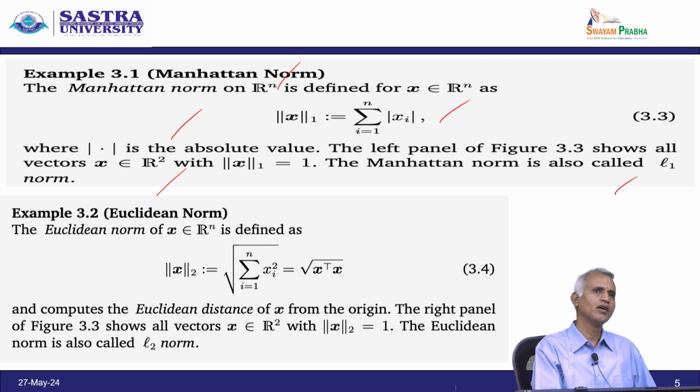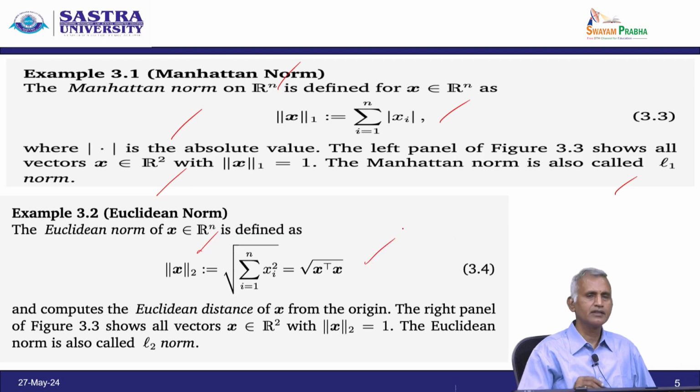Next, the Euclidean norm. The Euclidean norm of x in R power n is defined as norm of x2 equals the root of the summation of i equals 1 to n of xi square, that is, x1 square plus x2 square and so on up to xn square, and we have to put the root; previously in 3.3 it was not squared, therefore we did not put a root.